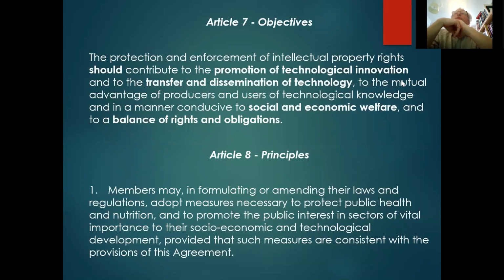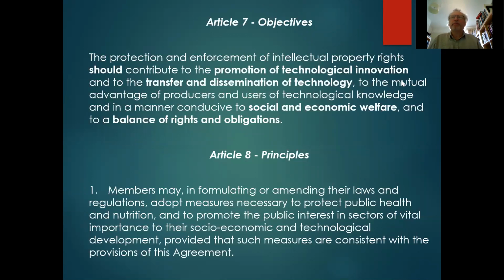I can't really stress the importance of Article 7 enough, because clearly the idea is we don't want overprotection, over-enforcement. We want to have a balance, right? A balance so that social and economic welfare are promoted. And there is this balance of rights and obligation.